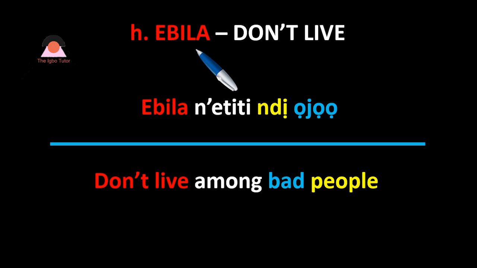Obi, Eba, he didn't live here. Okay? Use that for reported speech, not for instruction. When you give instruction, it's ebila. But if you want to report that somebody does not live in a place, you use ABE, okay, which is EBIGHI. This is important for those who might be a little bit confused. Ebila n'etiti ndị ọjọọ, don't live among bad people.